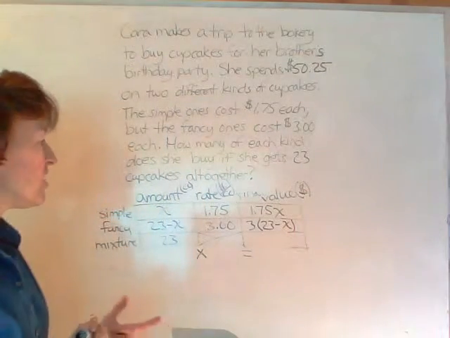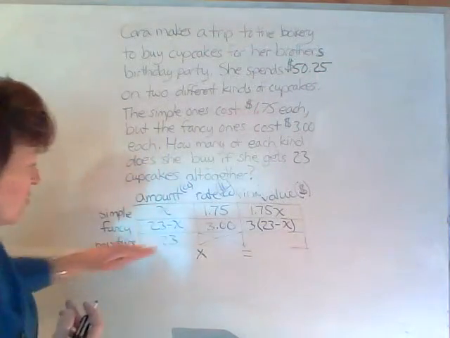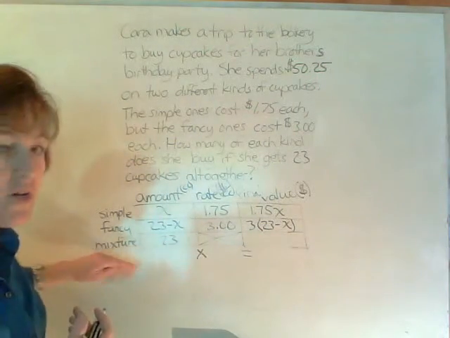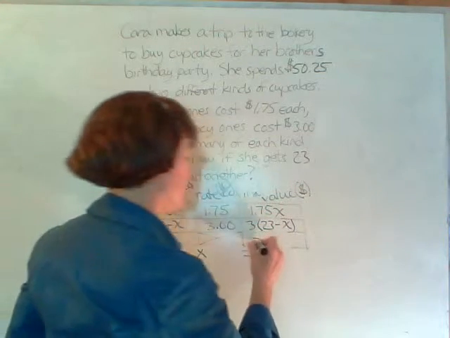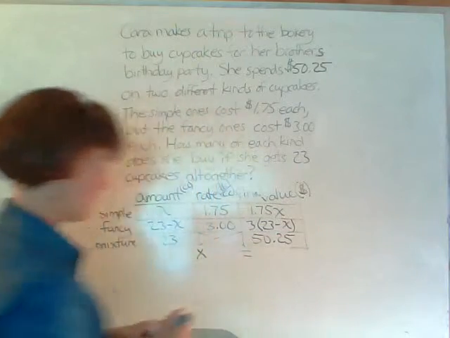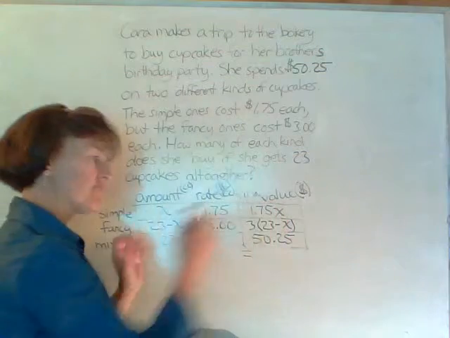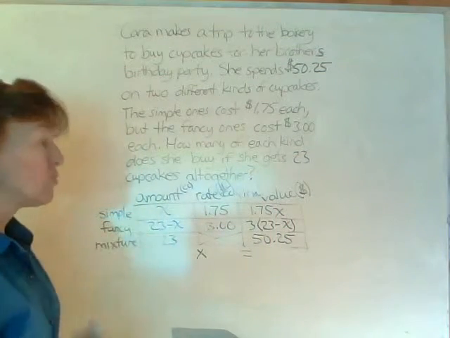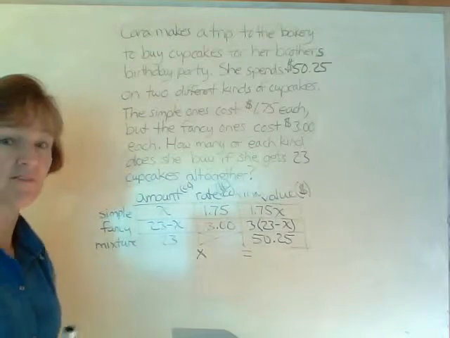Well, the total dollar figure for what I spend for the mixture, remember this is my mixture row, the final value of that is 50.25. Now the beauty of the box method is if you can get this filled in correctly, your work's done for you because your equation comes off of this last column of boxes.